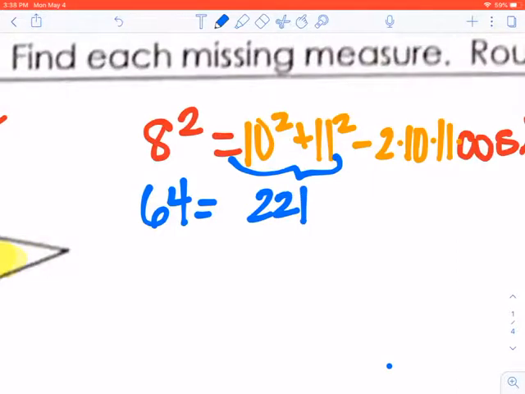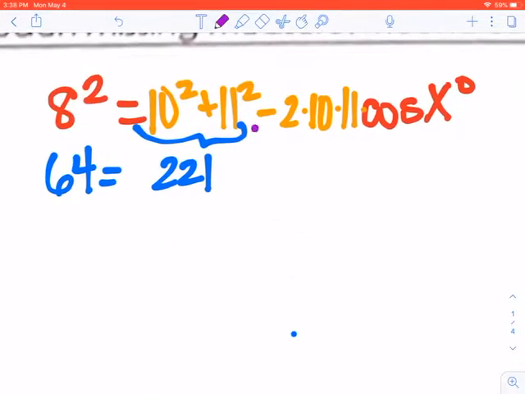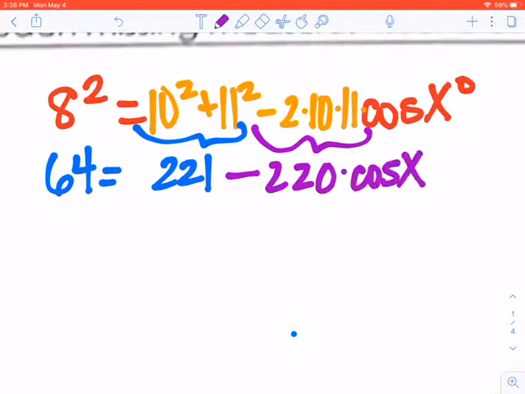And then minus 2 times 10 times 11, we would get a minus 220, and that's still times the cosine of x degrees, okay?